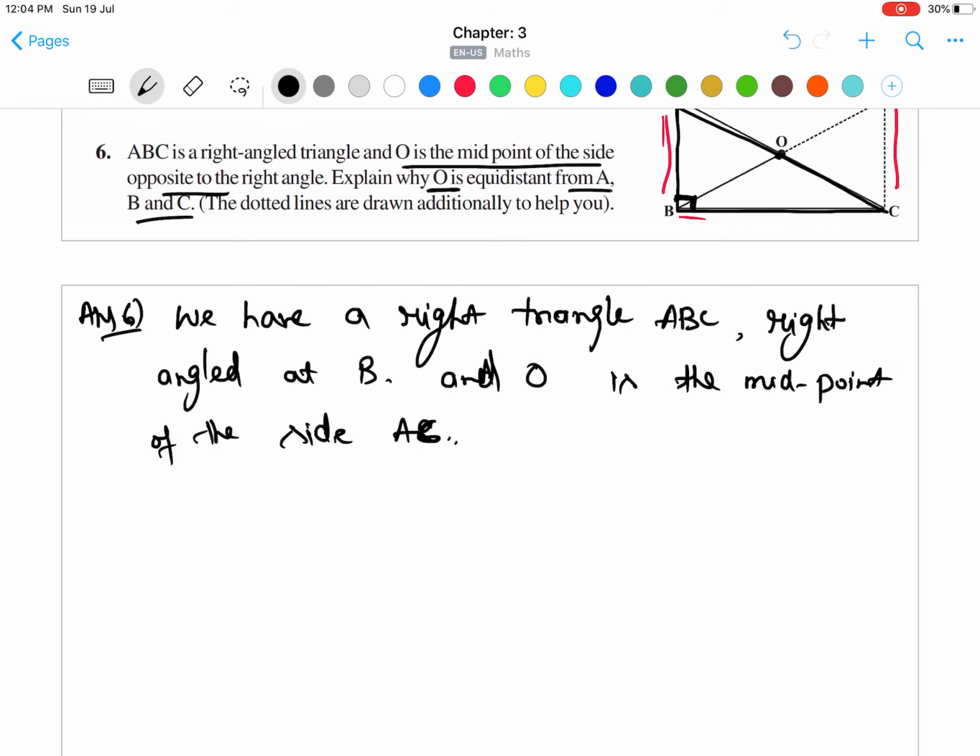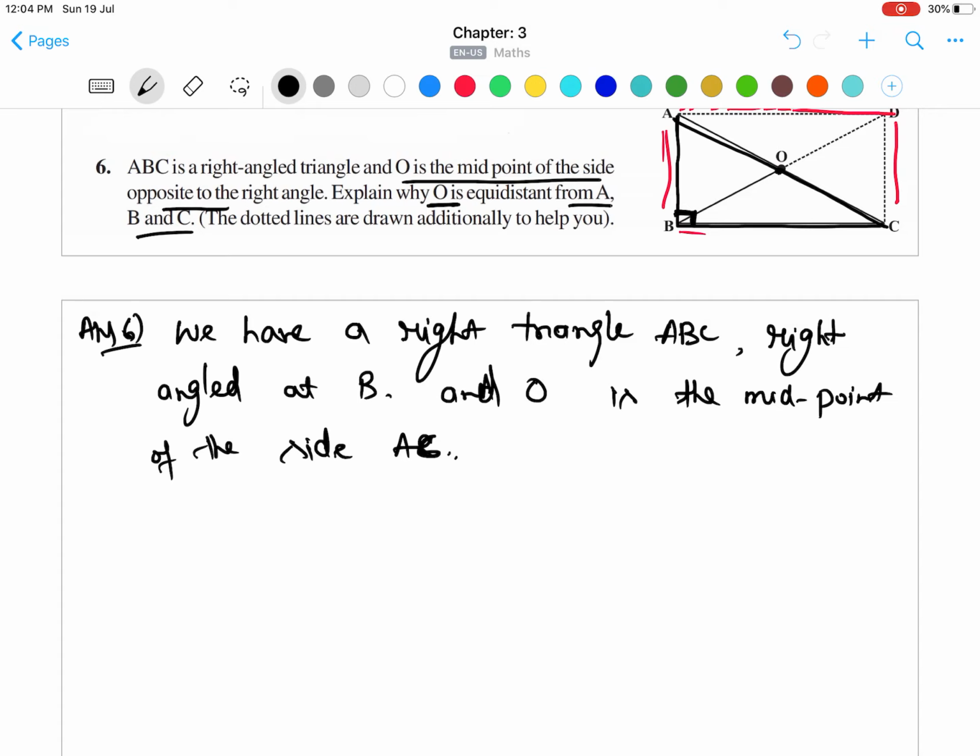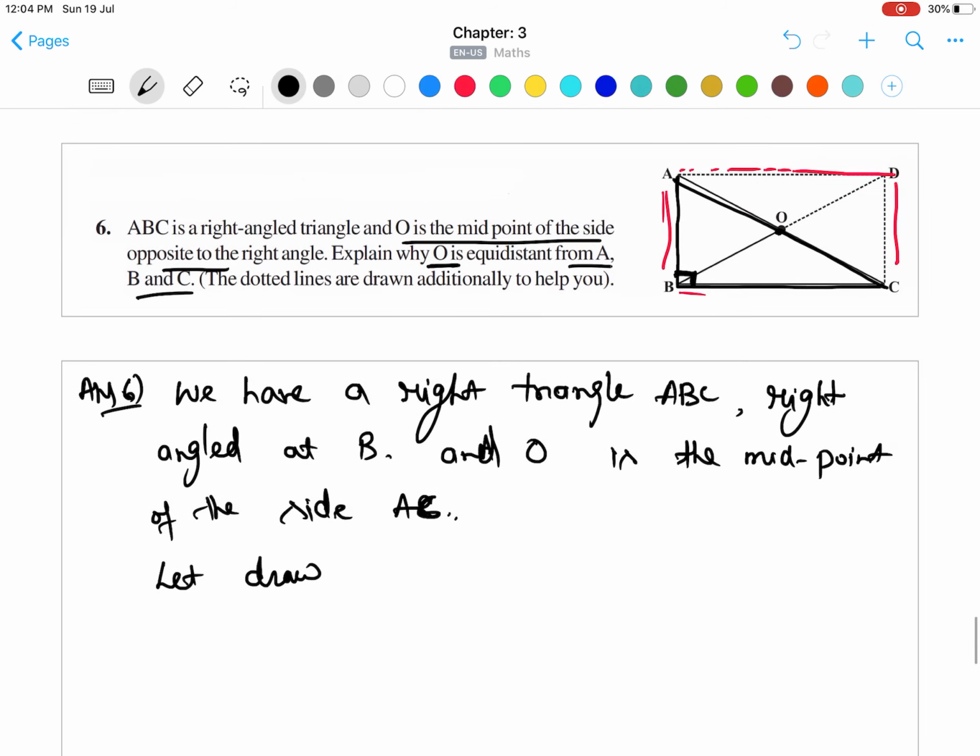So what we did here is, let's draw AD equal to BC and AD parallel to BC.